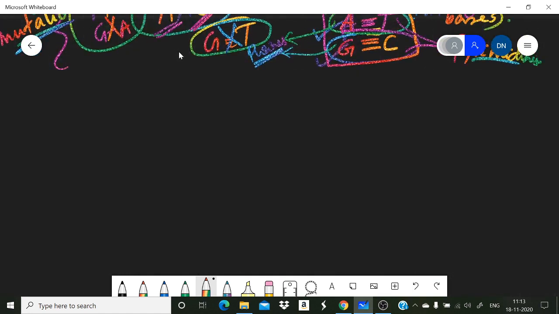Now we will see that gene mutation or point mutation may occur due to any structural change in the DNA molecule at a single locus.